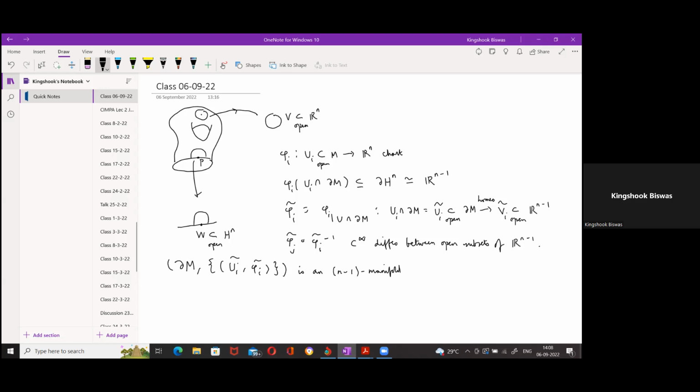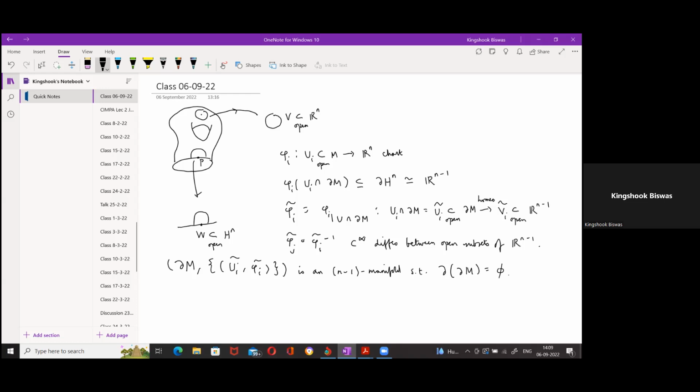And this is a manifold without boundary, right? Okay. So boundary of boundary M is empty. Is this clear? Yes? Yes.